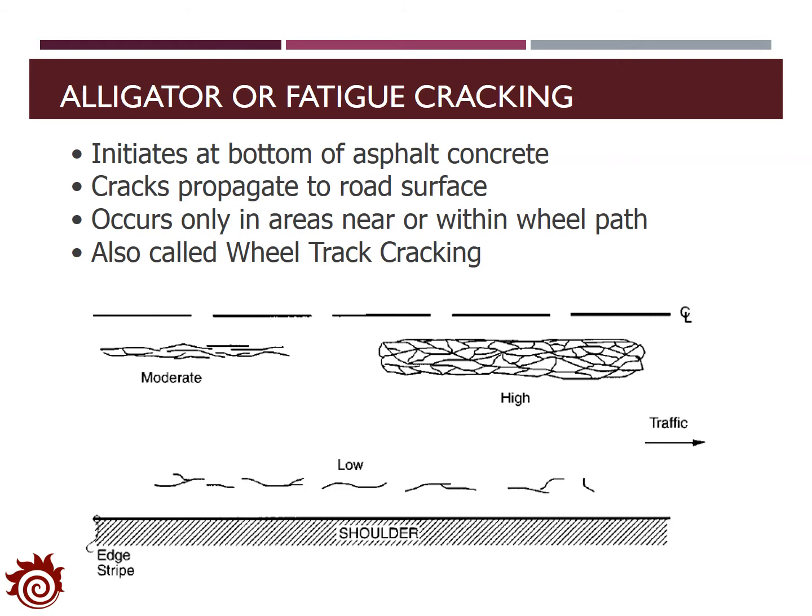It only occurs at the areas near or within the wheel path. So we also call them wheel track cracking. There will be some minor, moderate, and high wheel track cracking.